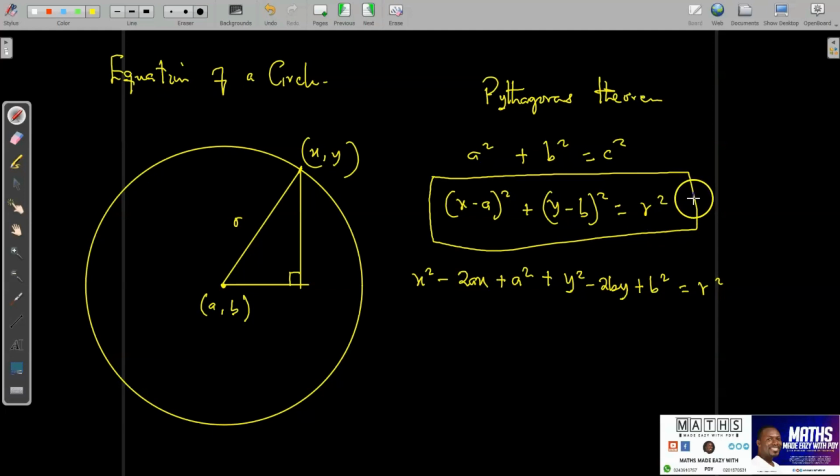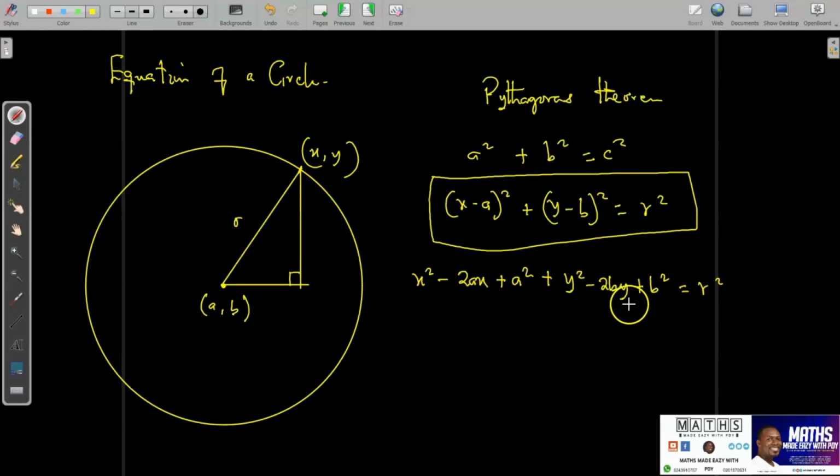Now, we've generated the equation of the circle having the center, a point on the circumference, as well as the radius given. We can form the equation of the circle. You can have it as this, or you can expand to obtain this at the end of the day.